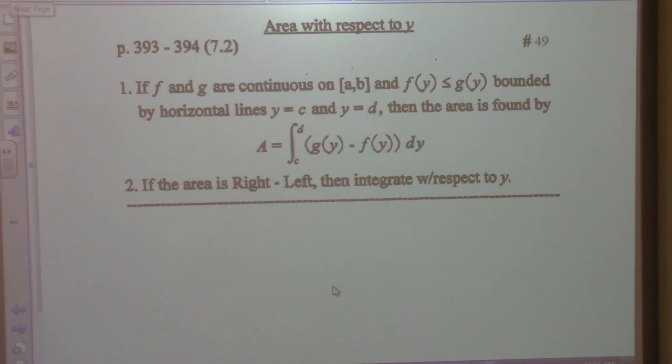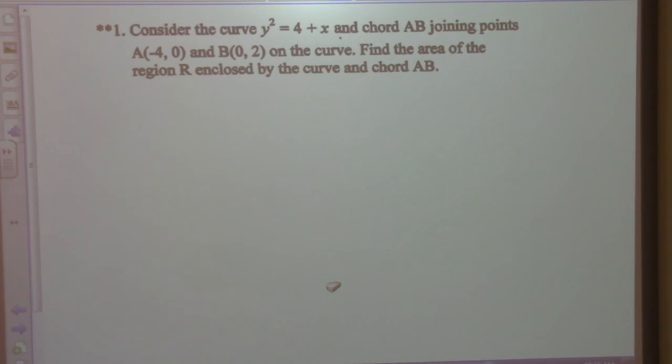This is the problem right here, where you have this curve, y squared equals 4 plus x, and the chord AB joining points A and B on the curve. What we have here is an xy coordinate plane.